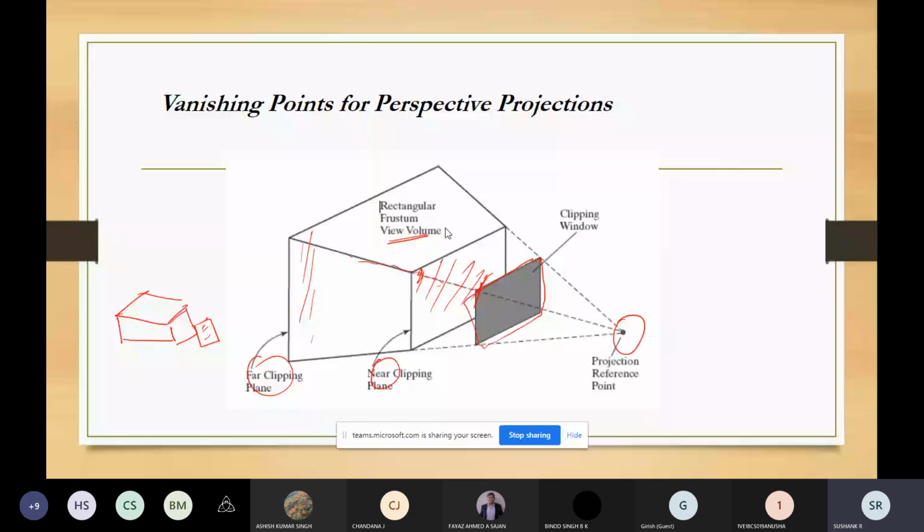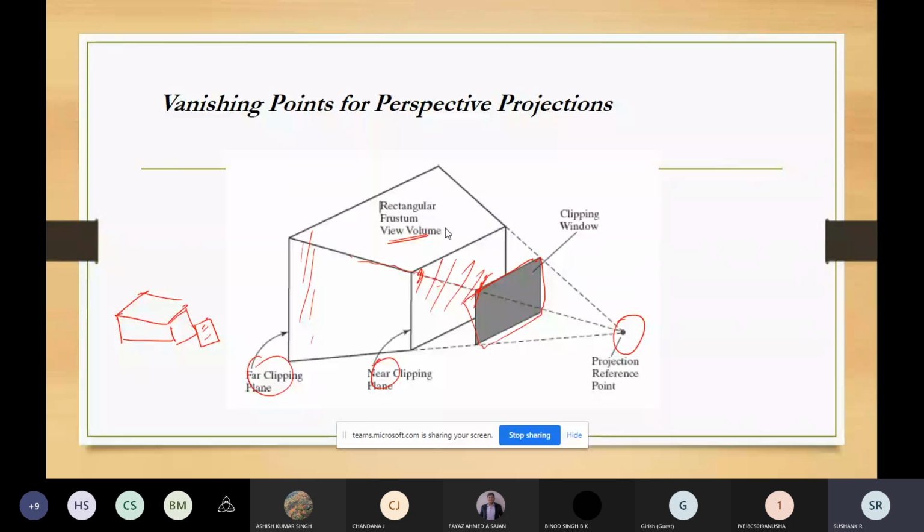All the objects outside this pyramid will be eliminated, meaning they will not be displayed. This kind of projection is known as the pyramid of vision, because it is similar to the mechanism which takes place in our eyes or camera, like the cone of vision in our eyes.